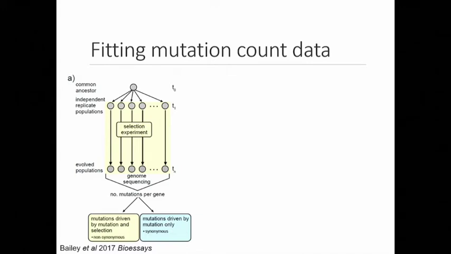I will tell you on Thursday about why that's probably a bad assumption, but it's a good simplifying assumption to start out with. So we assume the synonymous mutations are driven by mutation only, with no selection going on there. And the non-synonymous mutations we're observing are a process of some mutation plus some selection.